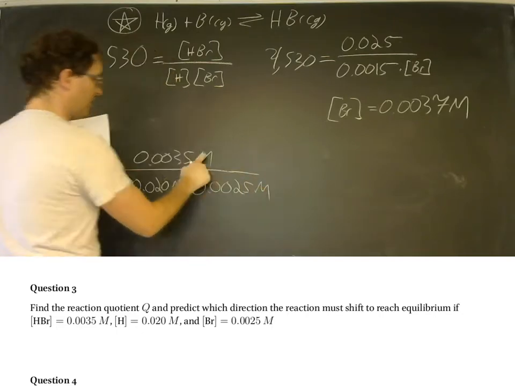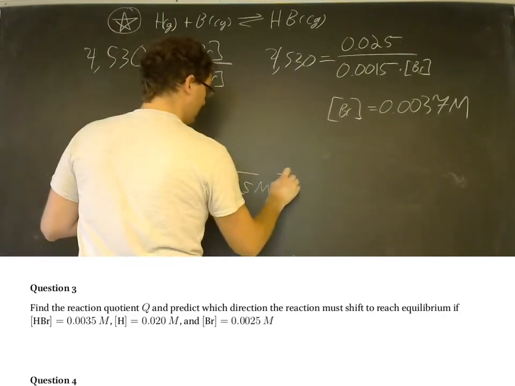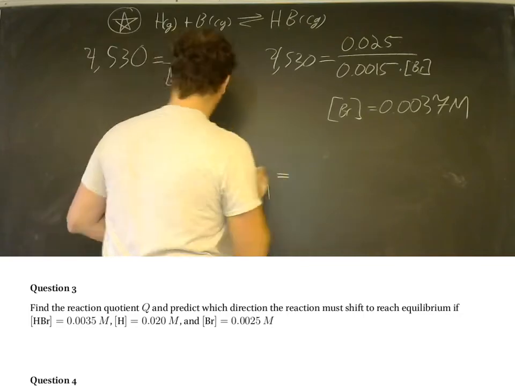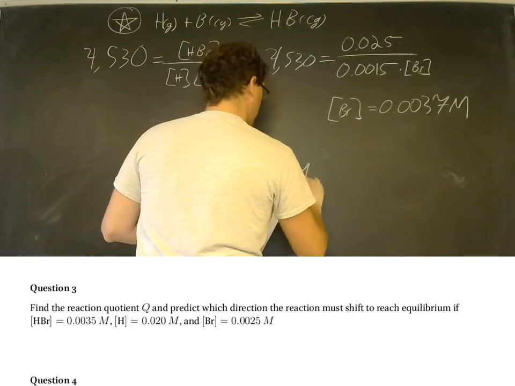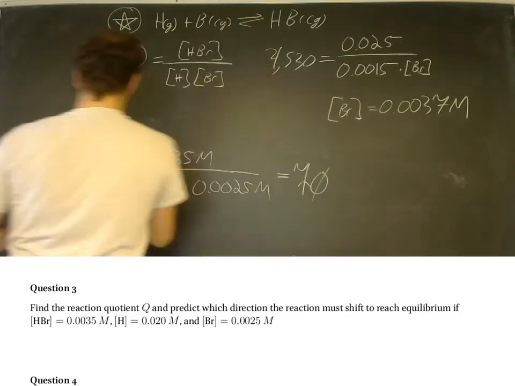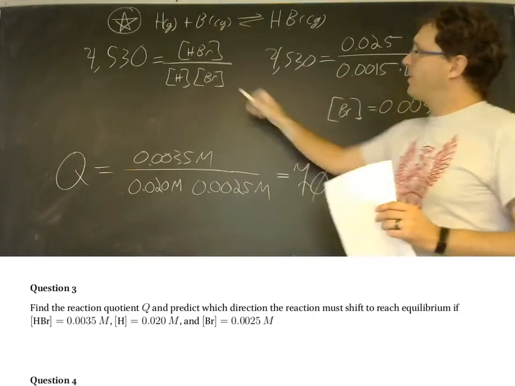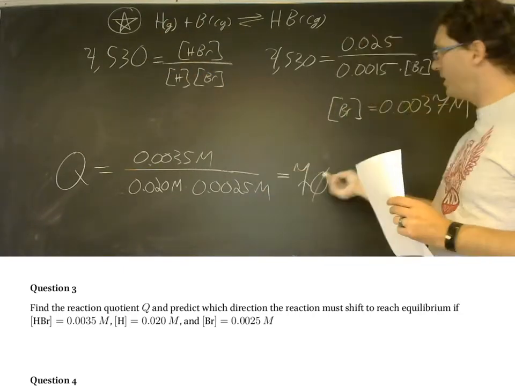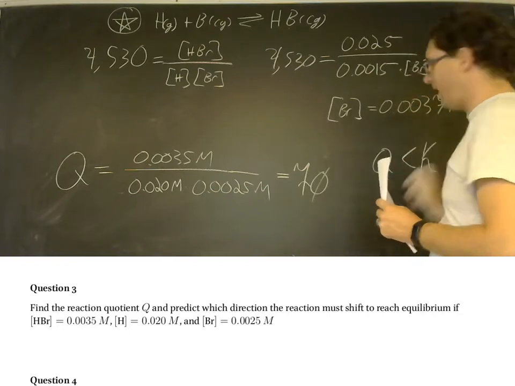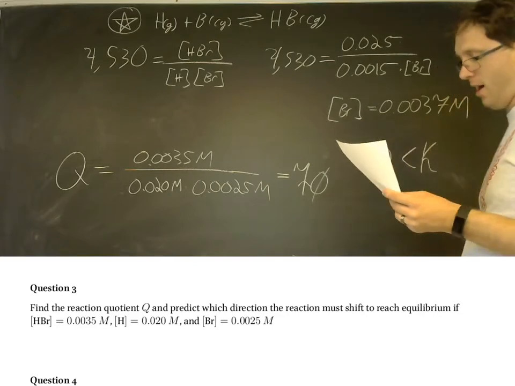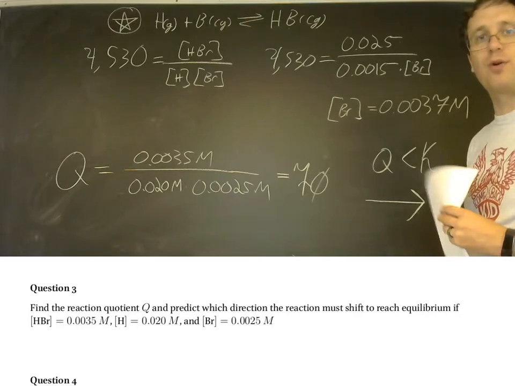I could have left off those units because for Q and K, the units just disappear. Put those numbers in your calculator and you end up with a Q equal to 70. Now, if K is 4,500 and Q is only 70, that means Q is less than K under these current conditions. And that means the reaction will shift to the right toward products.